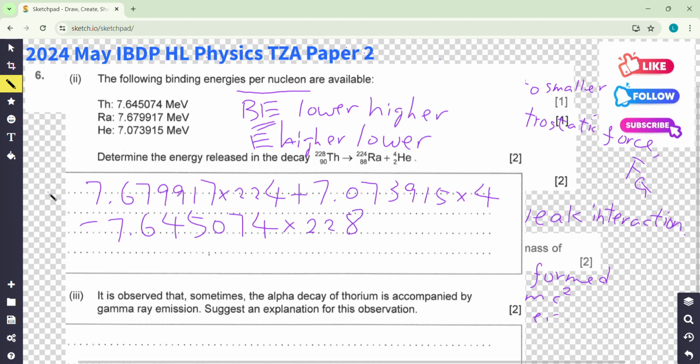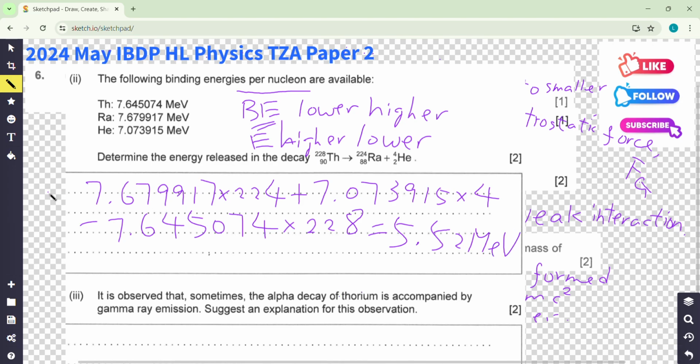A lot of my students make mistakes in copying, so make sure you check it. Then the calculation is straightforward. The difference is 5.52 MeV.